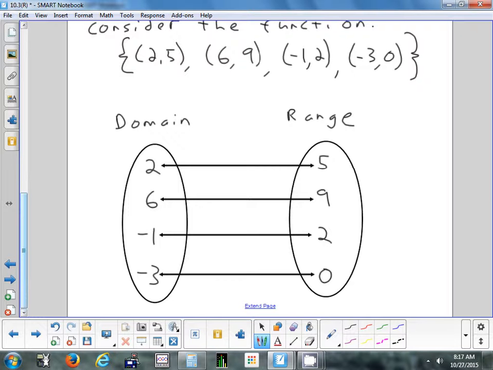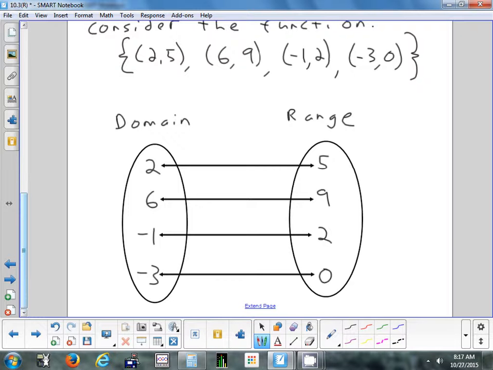Fill in all the numbers. There are only 3 lines. If you want, for the last one, write in the -3 and the 0 and just add the line.